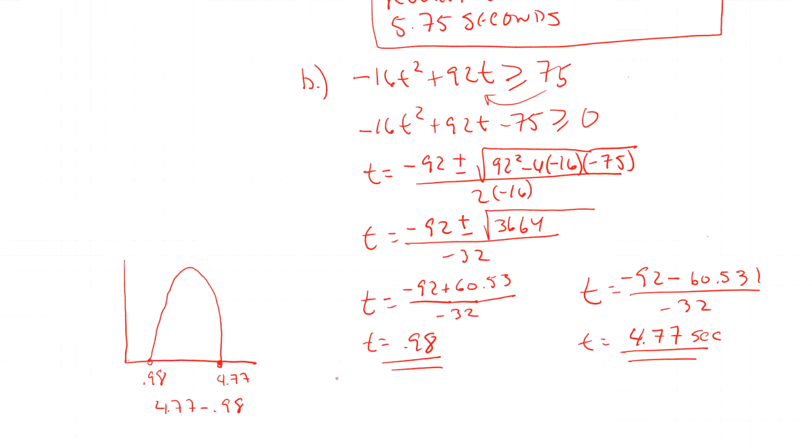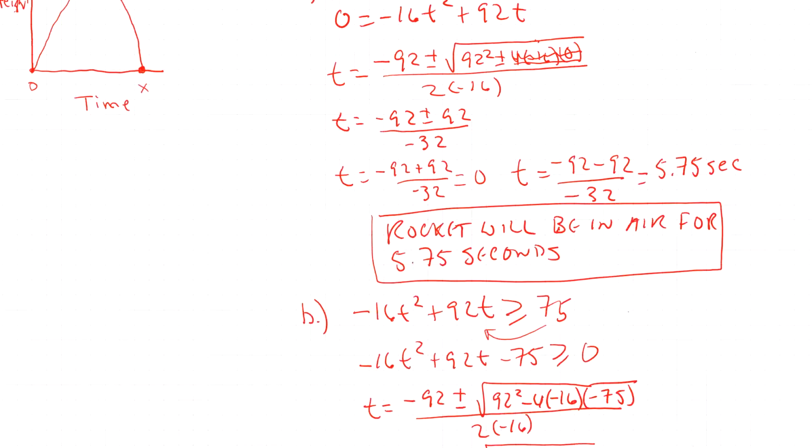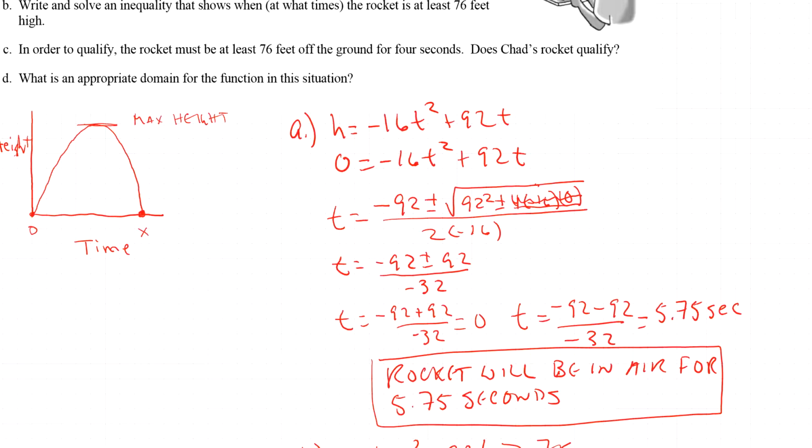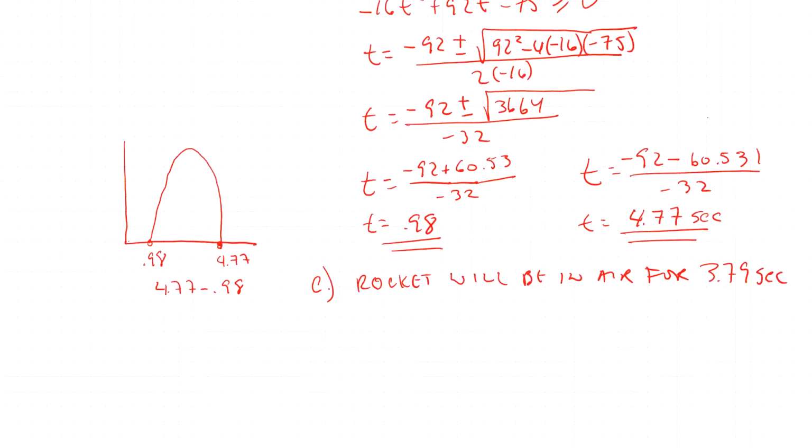And so when you do that, the rocket will be in the air for 3.79 seconds. So what did we have to reach? In order to qualify, it needed to be off the ground for 4 seconds. So did the rocket qualify? No, it did not qualify.